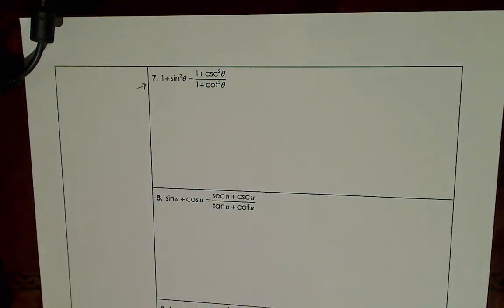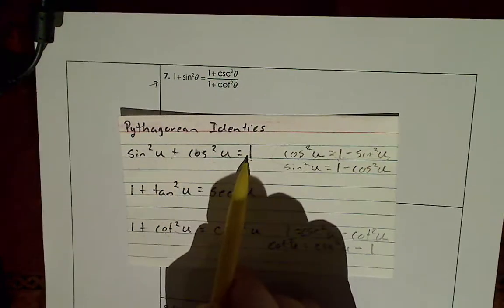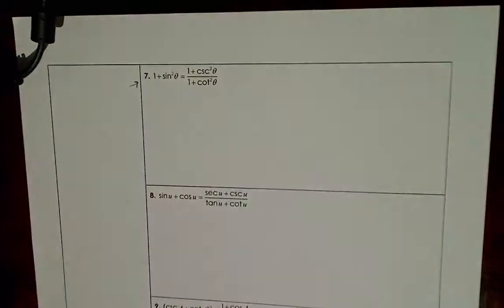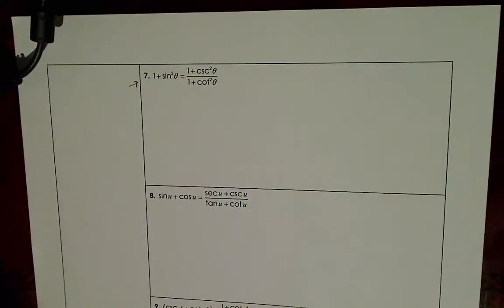So that's not going to work. If you want to figure out what I'm trying to figure out here, this is going to be 1 minus, so it's not going to do me any good to do it that way.